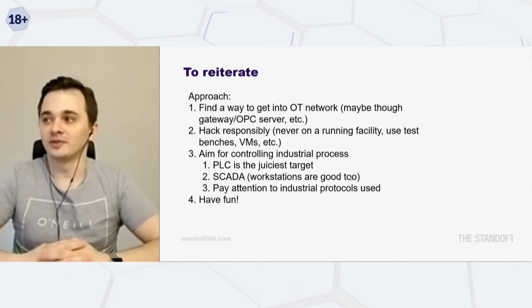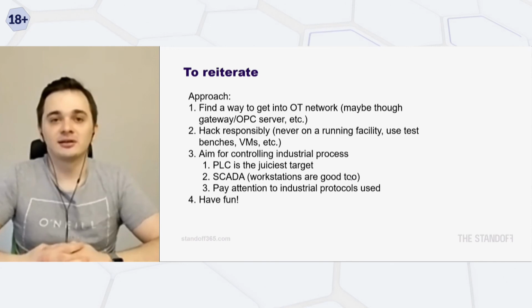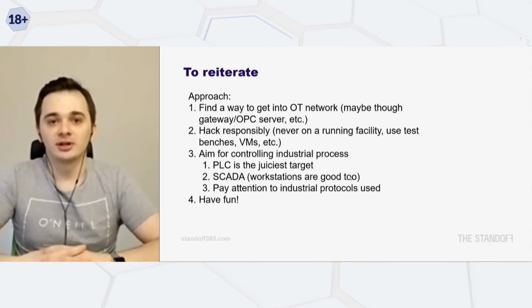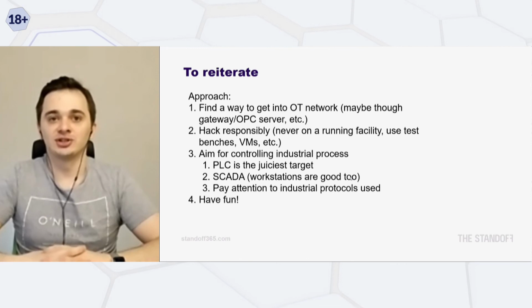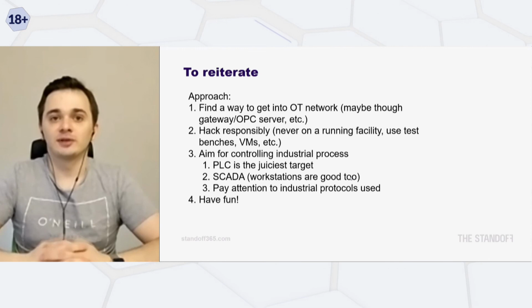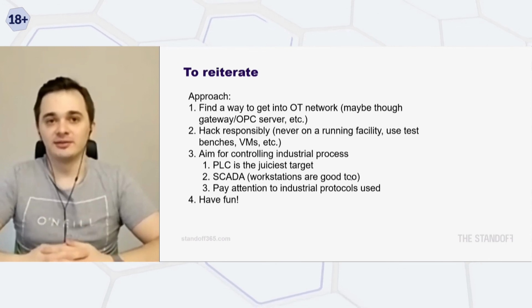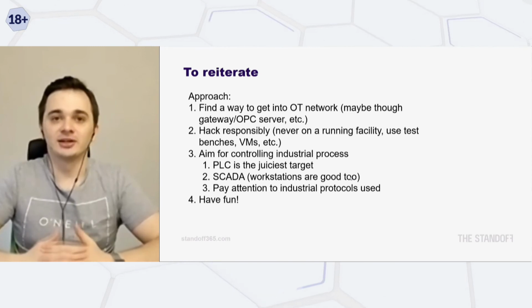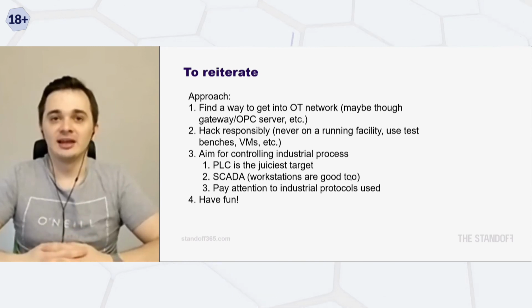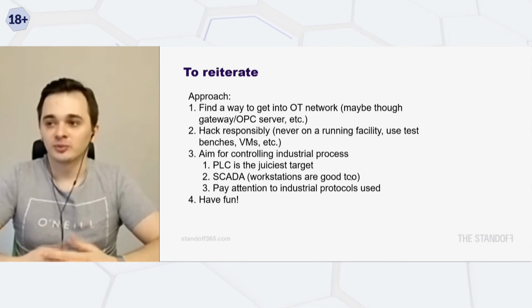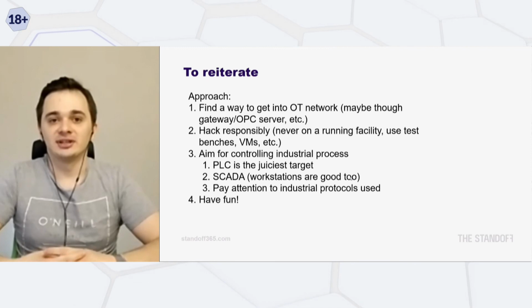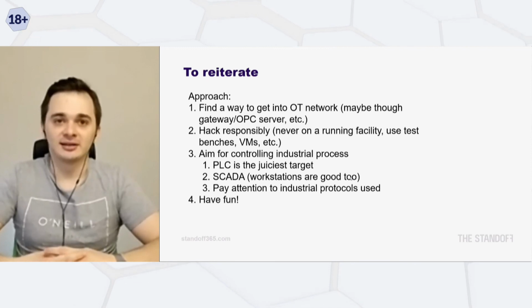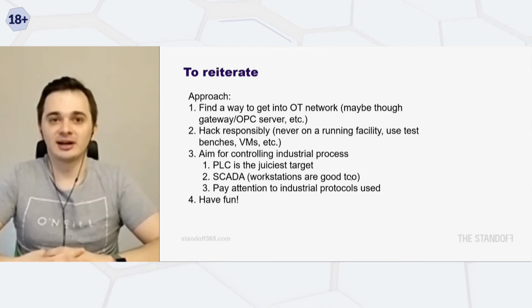Don't do a pen test on the real facility. Use a test bench during a maintenance window. Use virtual machines of the SCADA systems. And during this project, your main objective is to gain control over the production process, because that's what the customer is interested in.